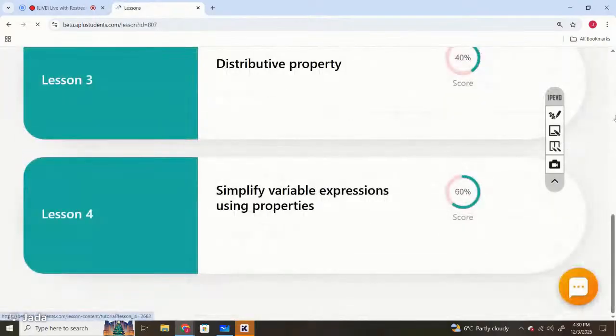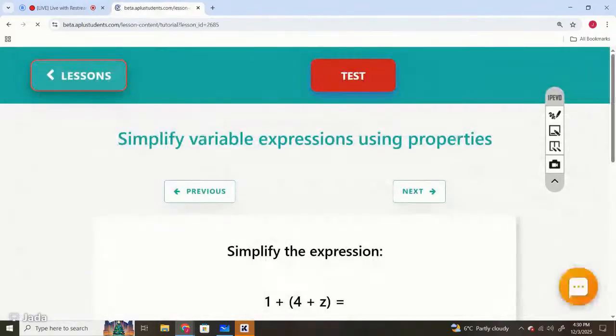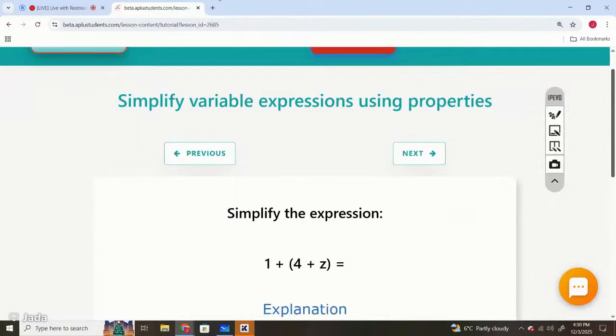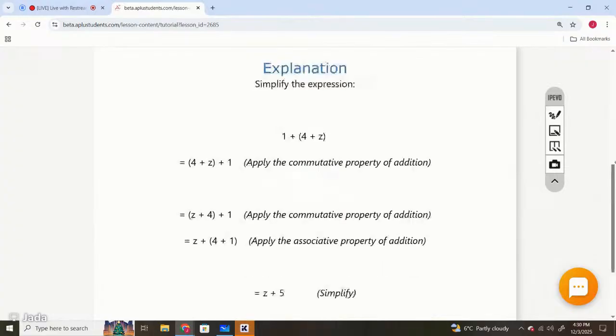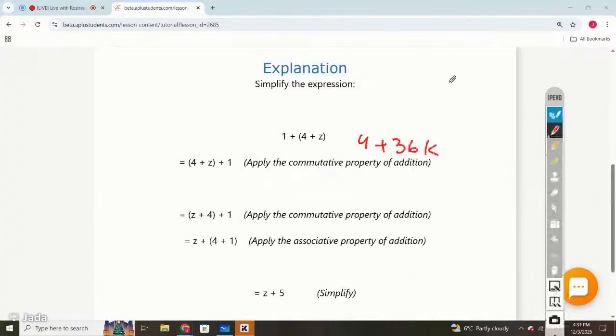Simplify variable expressions using properties. Simplify the expression 1 plus 4 plus z. So we need to collect the like terms, right? 4 plus 1, so just add.